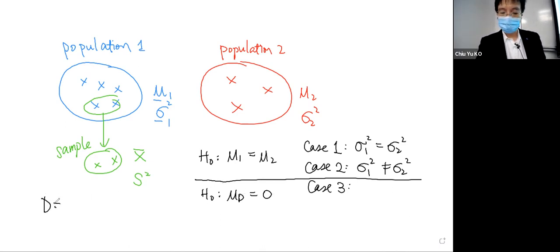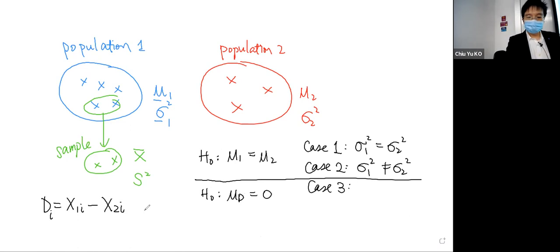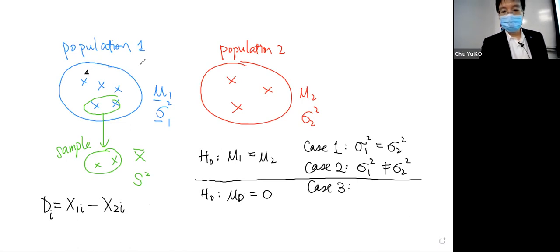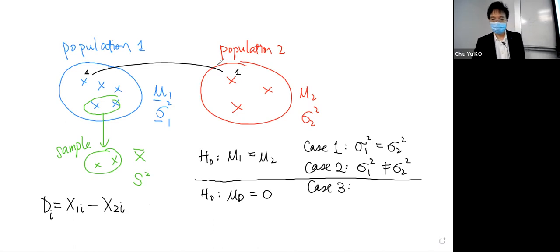Each observation di is just x1i minus x2i, right? Suppose this is number 1 and this is number 1, you care about the difference. That is d1, the difference, which will be x11 minus x21.